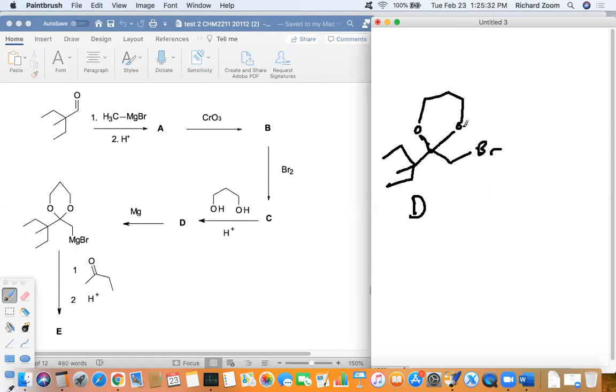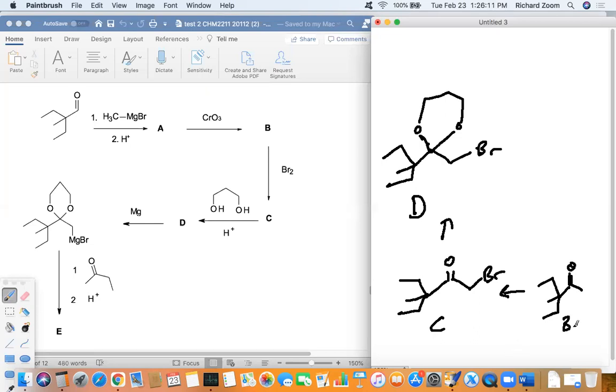And if you knew what would form this compound here, knowing that we had question 2 there, so this would be C, you could work this backwards, and C would be the ketone with the bromine attached to it. Then B would be that compound there.